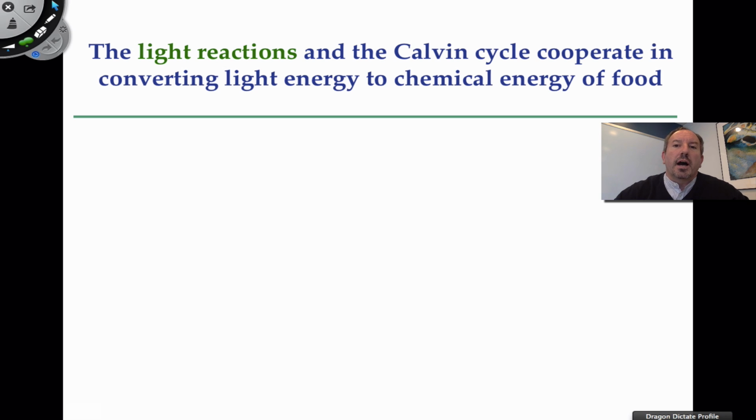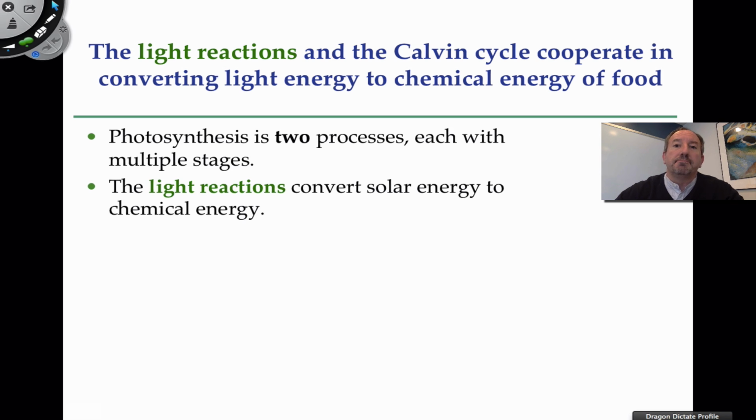And so this particular video is going to be on the light reaction. It's going to take in light in the form of the sun. As I mentioned, photosynthesis is divided into two processes. We have the light reaction, which involves the sun, and solar energy is converted to chemical energy.